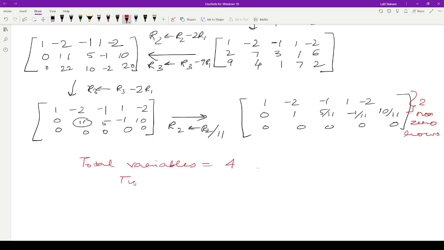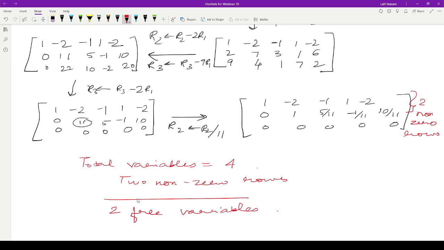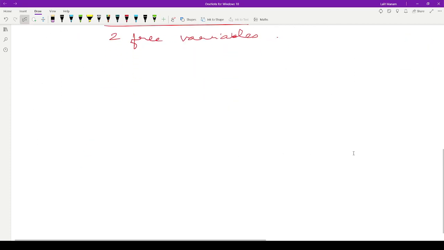And there are two non-zero rows. So this ultimately gives us two free variables. Okay, so we move on to the next question.